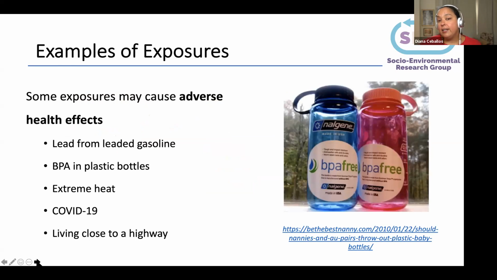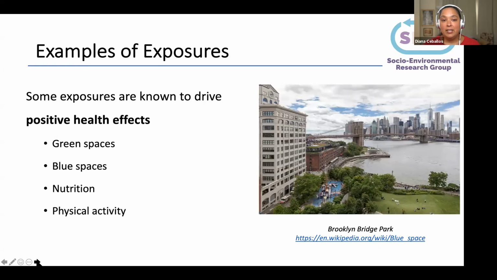So for example, lead from leaded gasoline, BPA in plastic bottles, extreme heat, COVID-19, living close to a highway. And there are also exposures that have a positive health effect. And so, green spaces and trees, blue spaces like bodies of water, nutrition, physical activity.